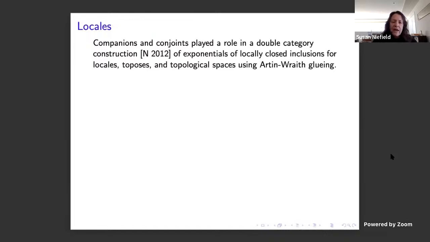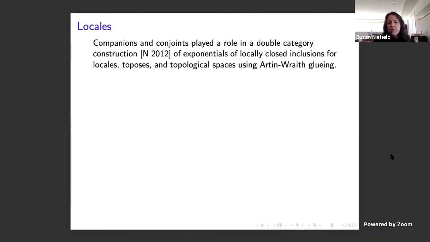Well, locales is one of them. A little over 10 years ago, I was interested in the fact that for locales, toposes, and topological spaces, I used something I had used in my PhD thesis, actually right after my thesis in 81: Artin-Wraith gluing to construct exponentials of locally closed inclusions, because those are precisely the inclusions that are exponential objects in those three categories.